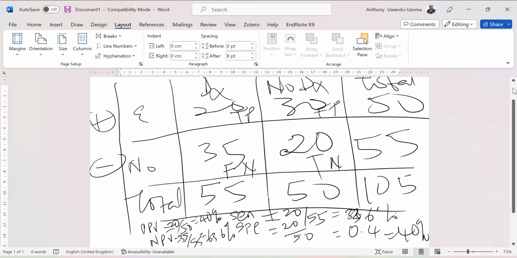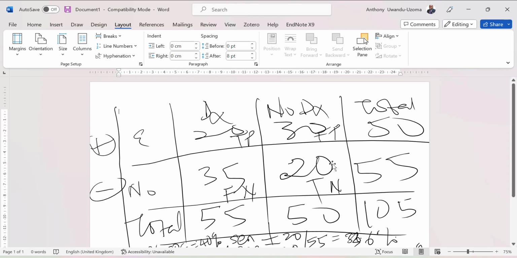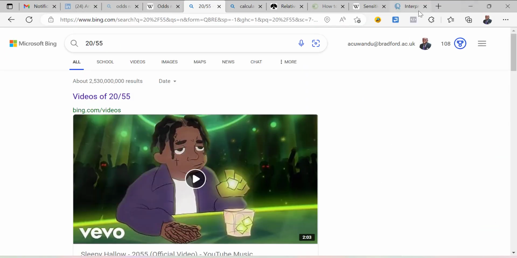I hope this makes it simple. You don't need to cram the formula. Just understand that in sensitivity and specificity you go vertically, while in positive predictive value and negative predictive value, you go horizontally.